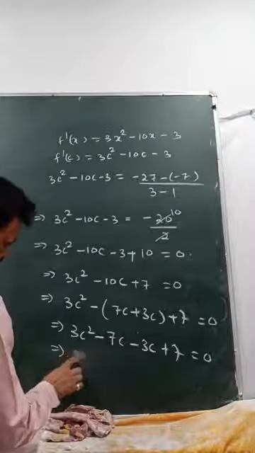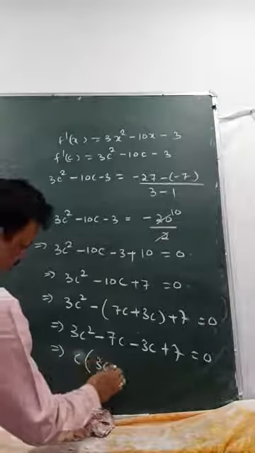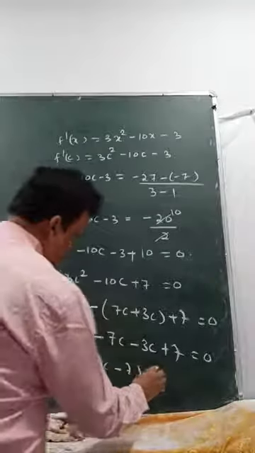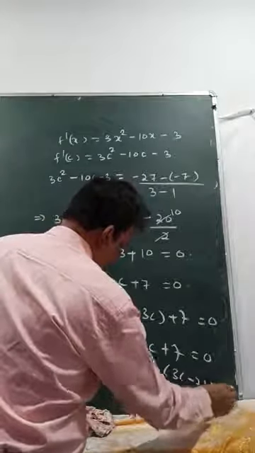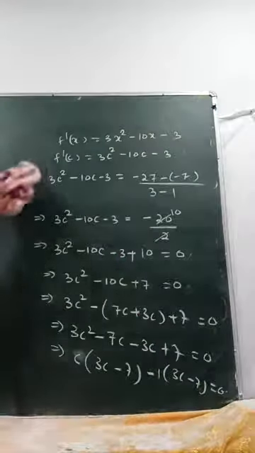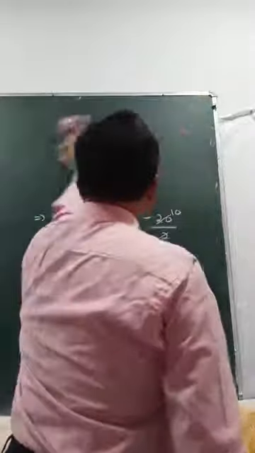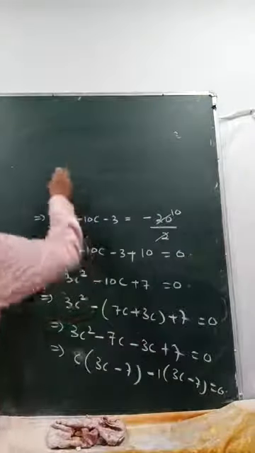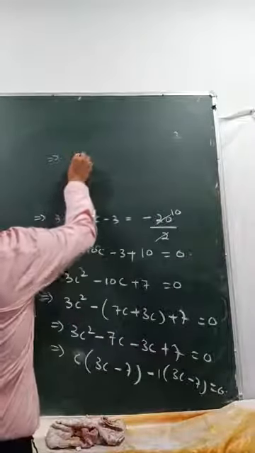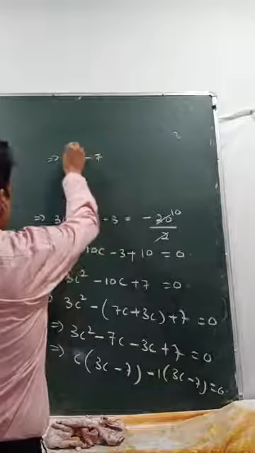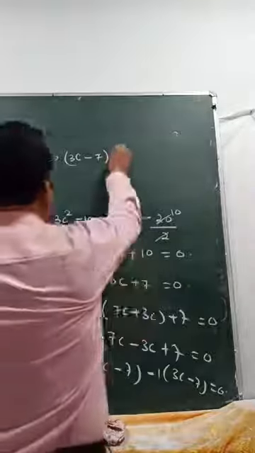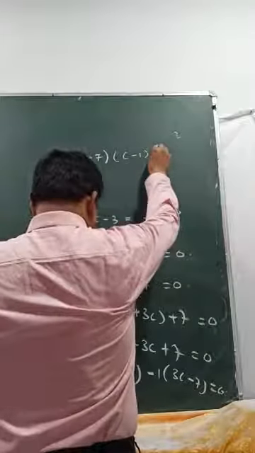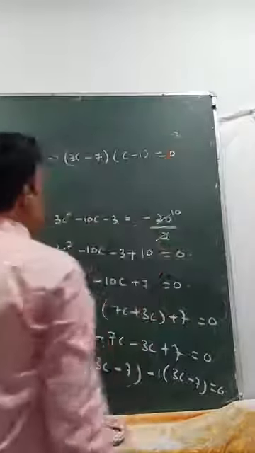Implies c common, (3c minus 7), minus 1 common, (3c minus 7) equals 0. So this implies (3c minus 7) into (c minus 1) equals 0.